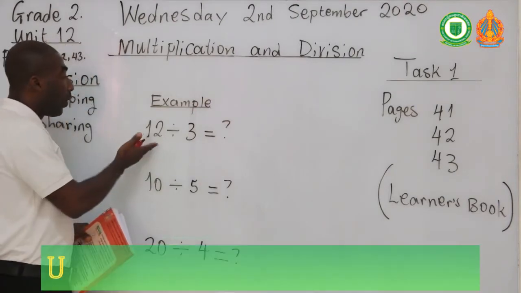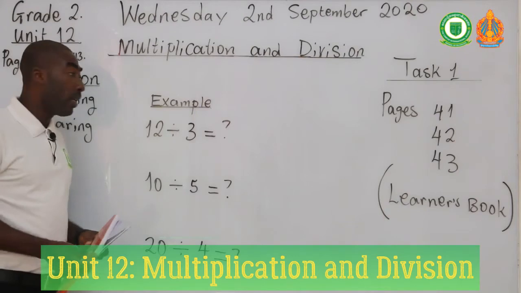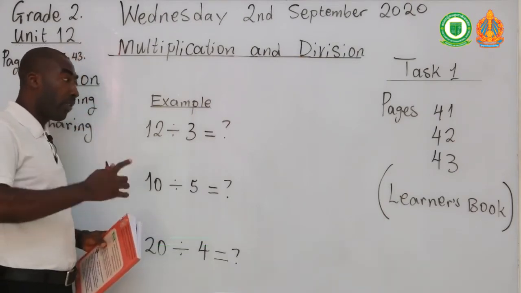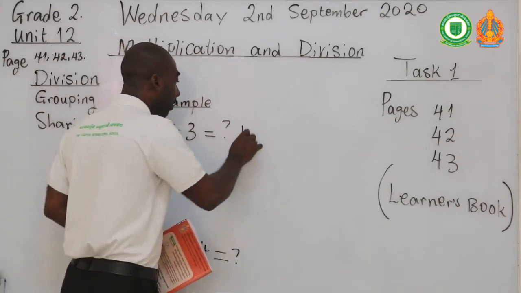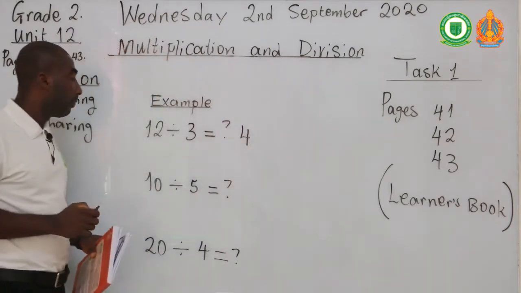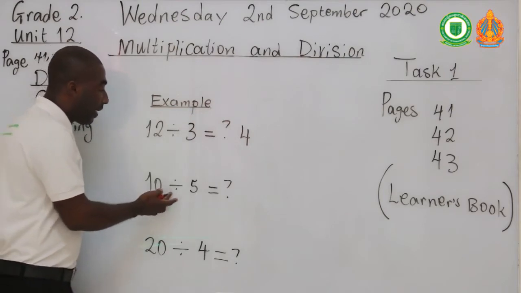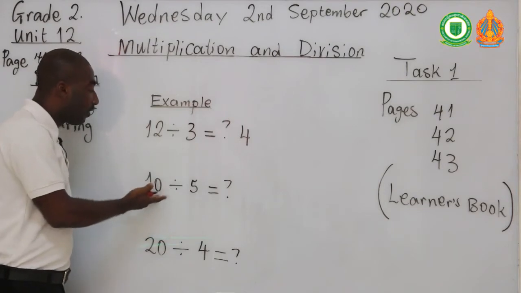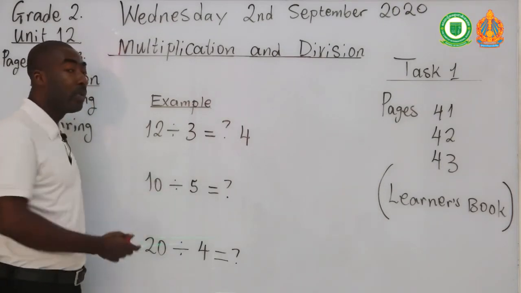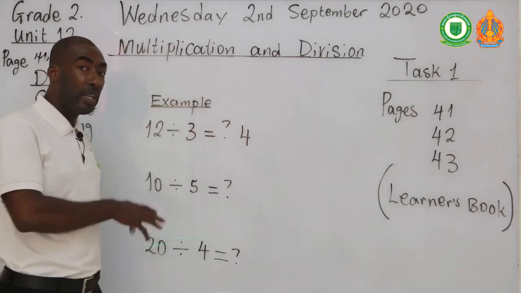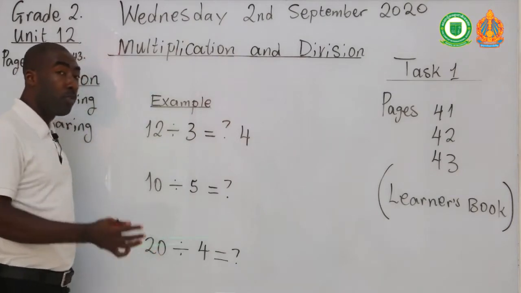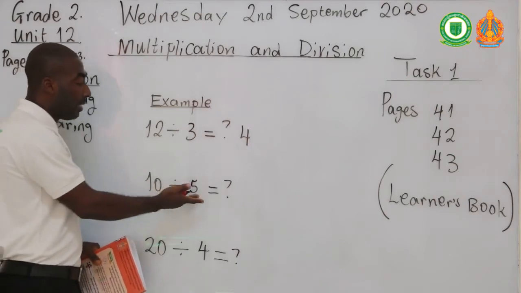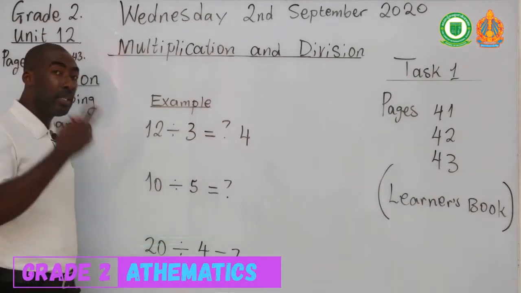So if you have 12 and 3 people are going to share, it means each person in a group of 3 is going to get 4, okay? 10 divided by 5 means you have 10 items and 5 people are going to share these 10 items. That means if you do your counters and you do your groupings, every person in the group is going to get 2.